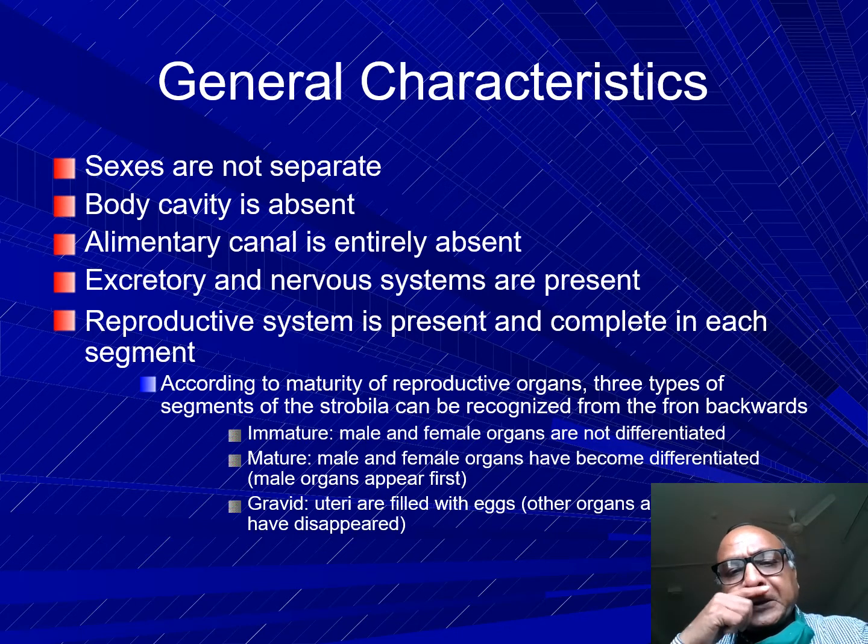Two, mature, where male and female organs have become differentiated and the male organs appear first. Then the third, the gravid segments, where the uteri are filled with eggs and other organs have atrophied or disappeared.